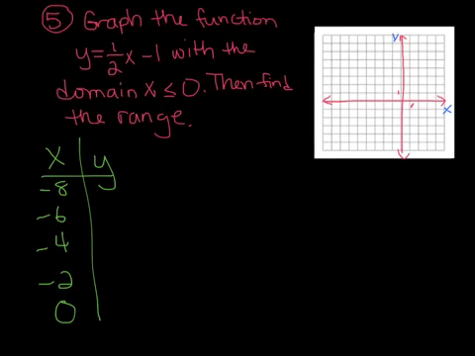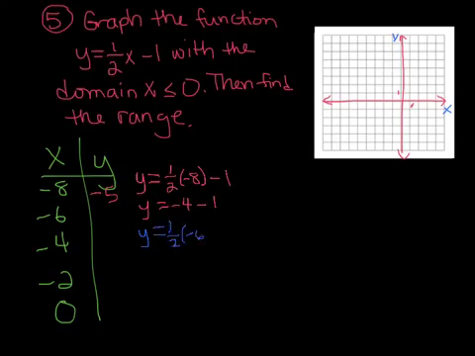So now you're going to follow the steps you did in the previous problem in number 2. You're going to take this equation, y equals 1/2 x minus 1, and substitute in all of those x values. When you do that, you're going to find for x equals -8, y equals -5.